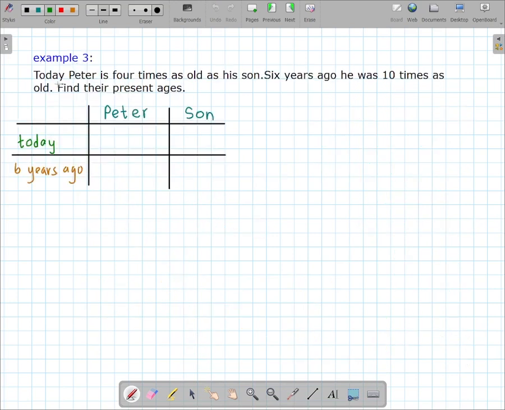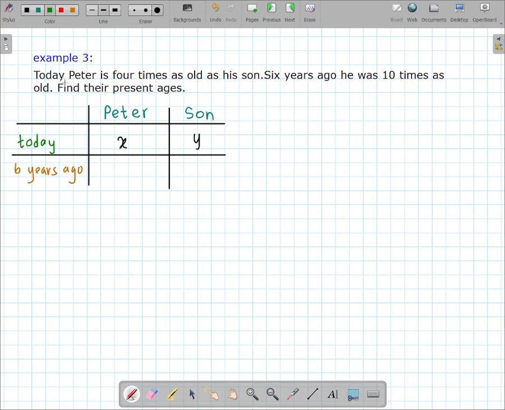Example 3. Today, Peter is 4 times as old as his son. 6 years ago, he was 10 times as old. Find their present ages. So I have made this small chart here. Peter, son, today. I take Peter's age as x, son's age y.